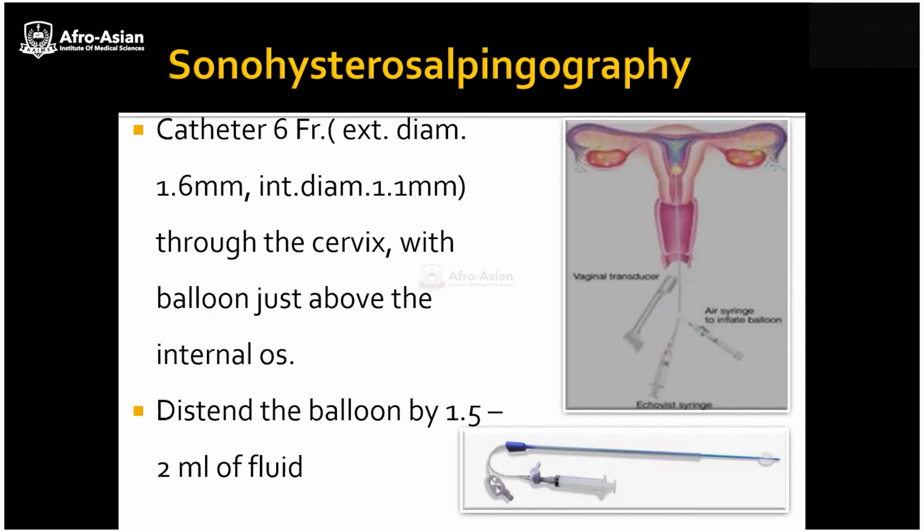FR is the French size of the catheters, which come in different types like 1.2 mm, 1.4 mm, and 1.6 mm. They have given them colors like green, red, and orange. So here we need a 6 FR, which is 1.6 mm.